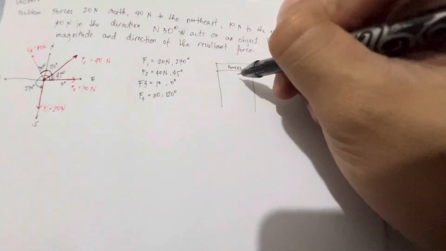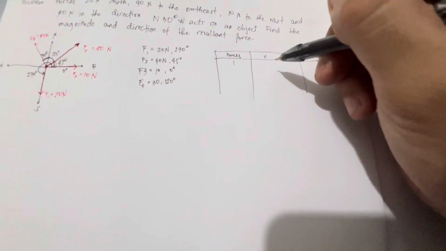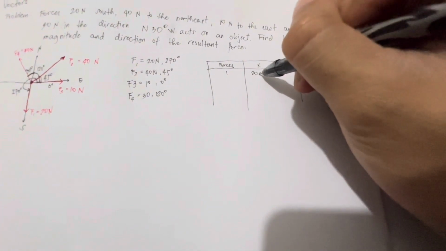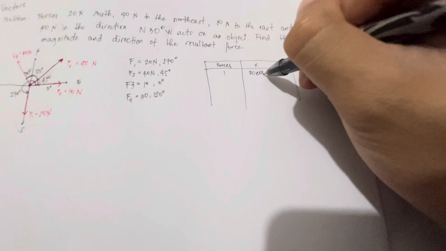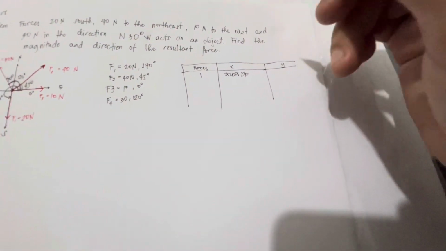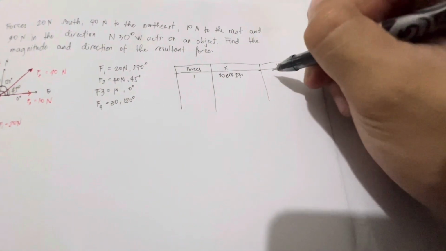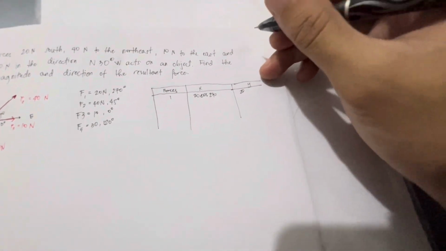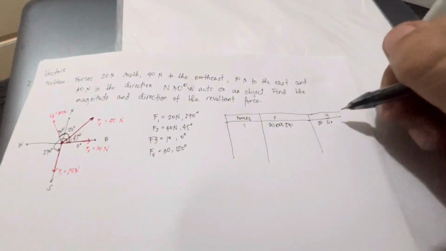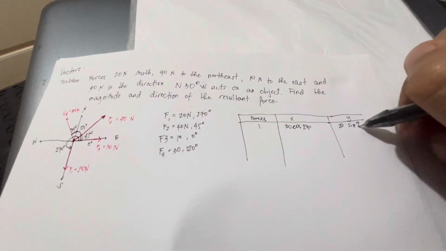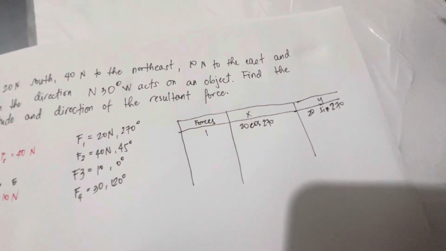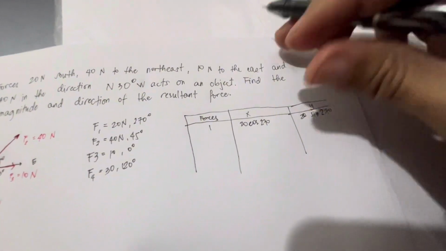For our force number 1, iyahang x component will be 20 cosine 270. And then iyahang y component will be 20 pero karon sine 270.